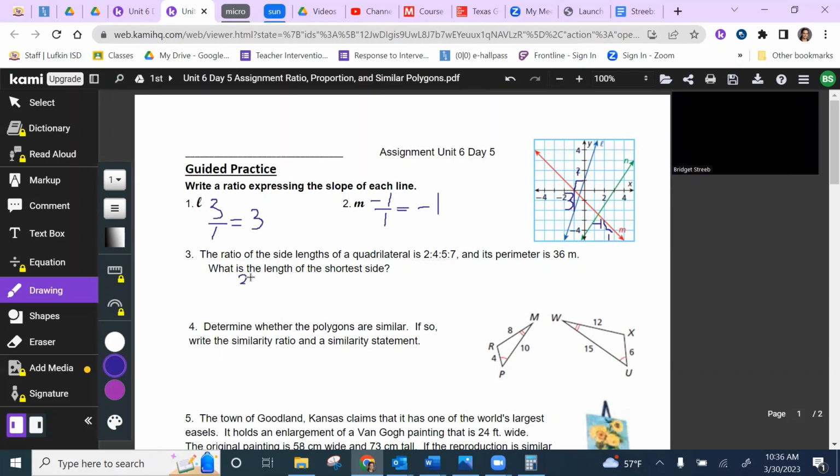So we've got 2x and then add them together plus 4x plus 5x plus 7x equals a total of 36.